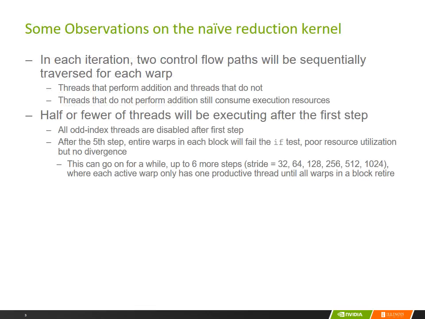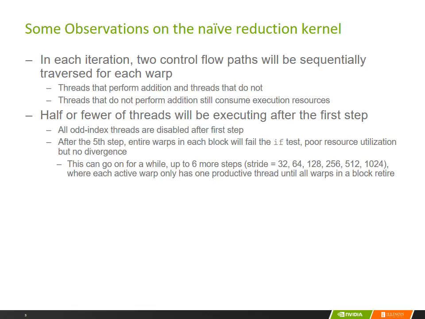Before we discuss the improved kernel, we will first make some observations on the naive reduction kernel we showed in the previous lecture. Recall that the for loop in the previous kernel implements the steps of the iteration.